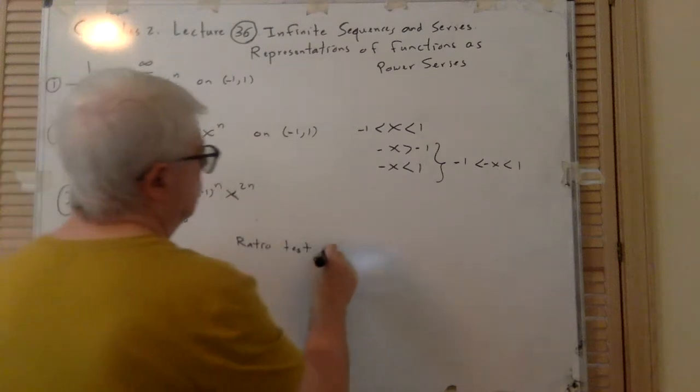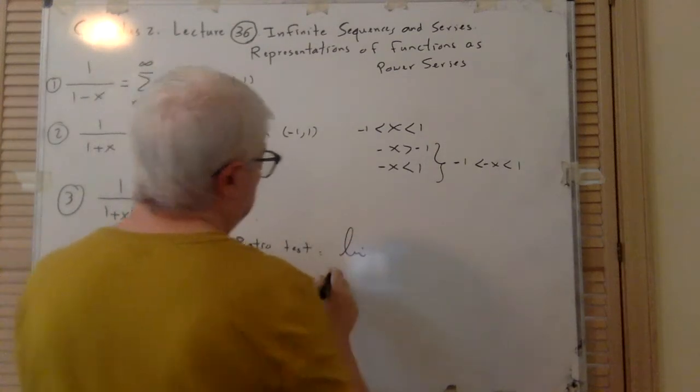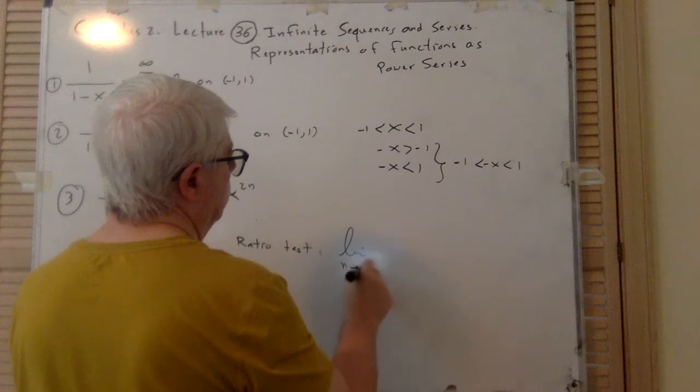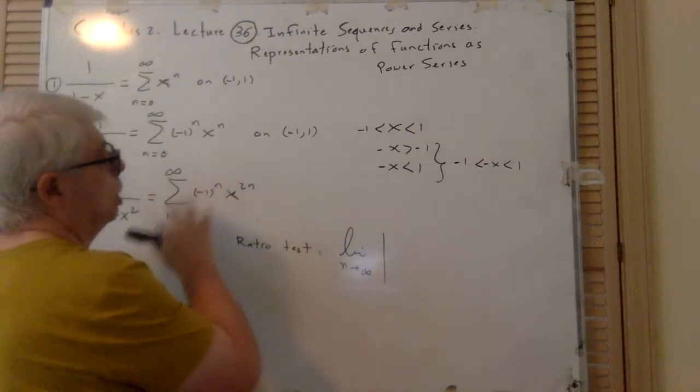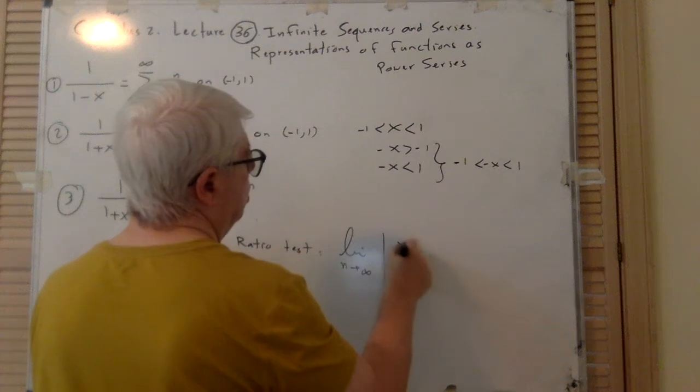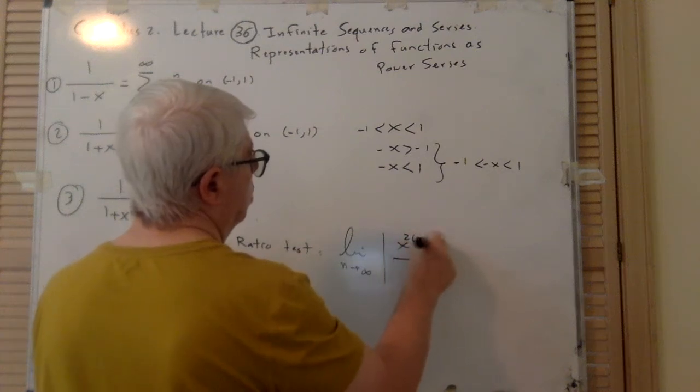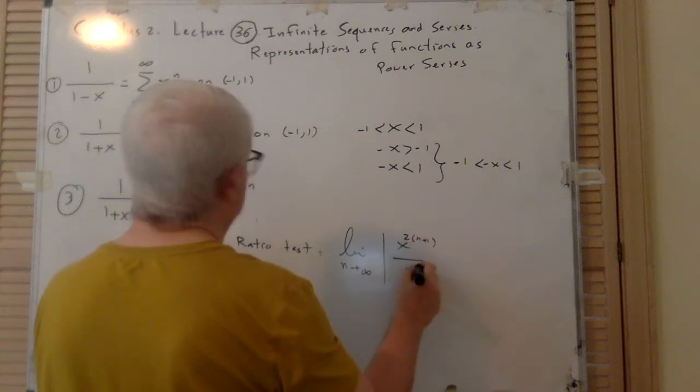Limit as n goes to infinity. Remember, the ratio test eliminates this, so I'm not going to write (-1)^n. x to the power 2(n+1) over x to the power 2n.